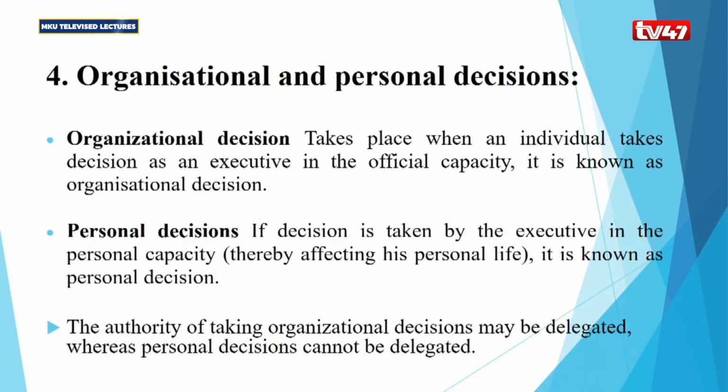Organizational decisions take place when an individual takes the decision as an executive in the official capacity. This is known as an organizational decision. Takes the decision as an executive in the official capacity, the legitimate power.